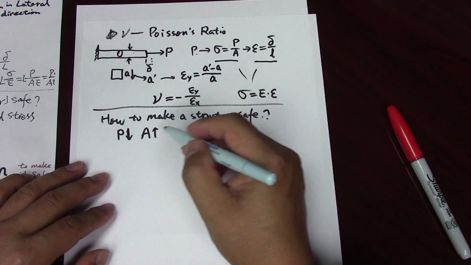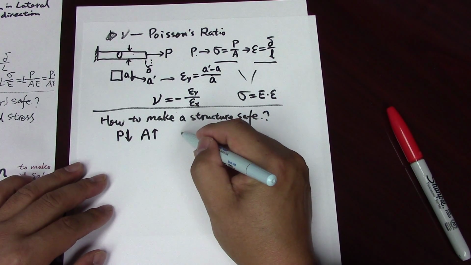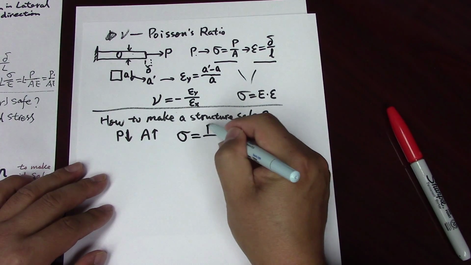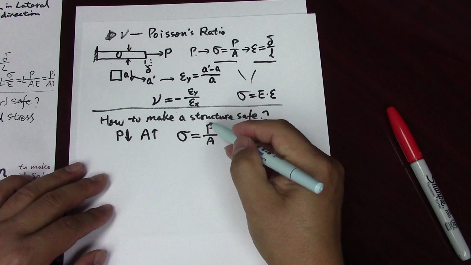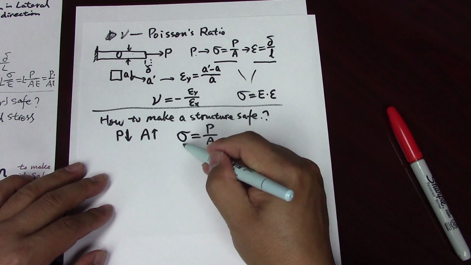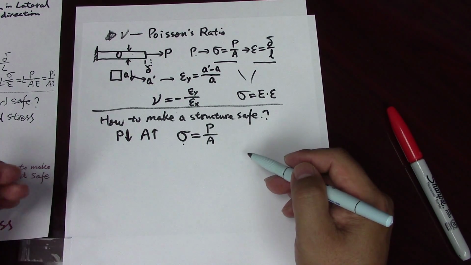Now look at the P and A ratio, that's what can affect this. So basically, it's the stress. So stress is P over A. Therefore, what actually matters is this ratio, right? So you can control the stress, and that will control the safety of this structure.